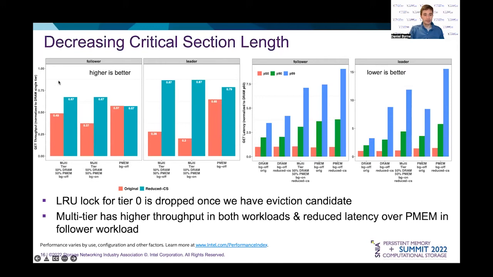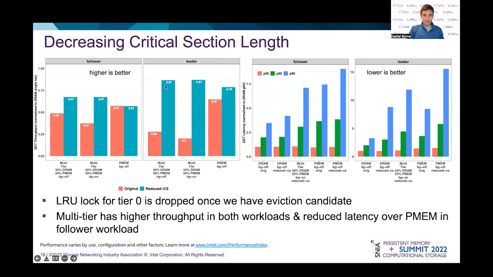Our reduced critical section, these blue bars here, compared to the original, we get about 67% of the performance of a DRAM single tier instance, which improves over the PMEM instance and significantly improves the performance compared to having that longer critical section in the follower workload.